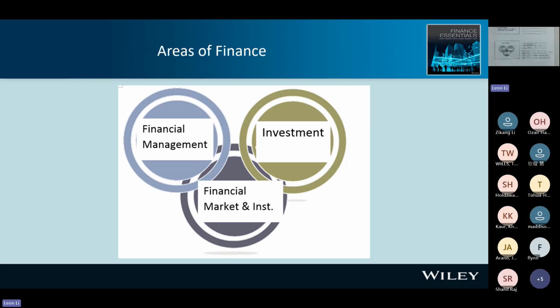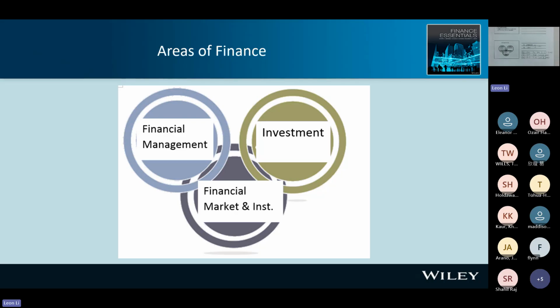So in our FINAN101, we will give you an introduction to finance. That means chapter 2 and chapter 4, our focus is financial markets and financial institutions. Chapter 8 and chapter 9, our focus is investment. Chapter 10 to chapter 12, financial management decisions. But this is FINAN101. We just give you an introduction.